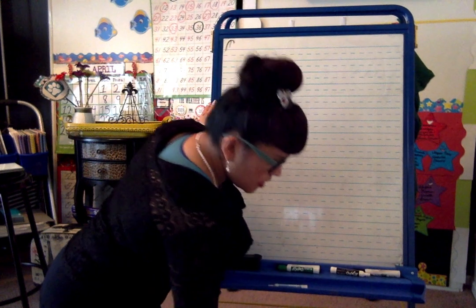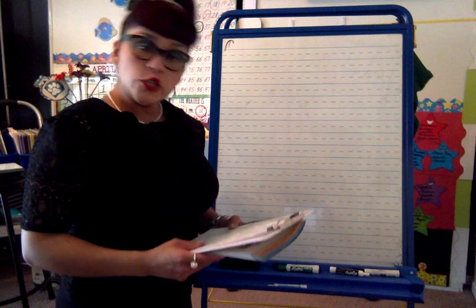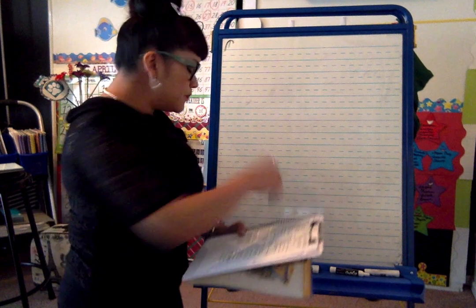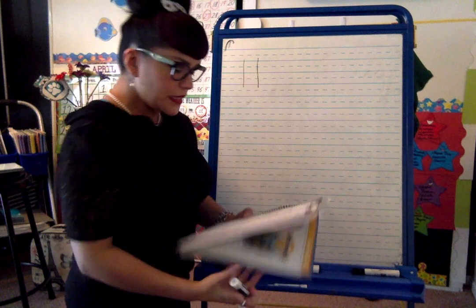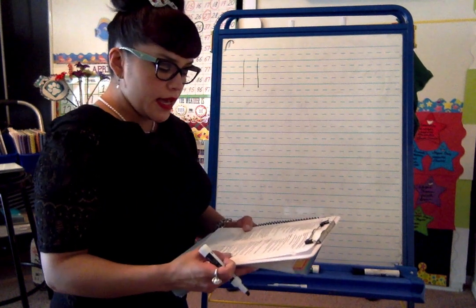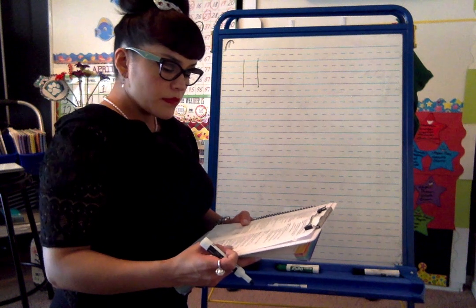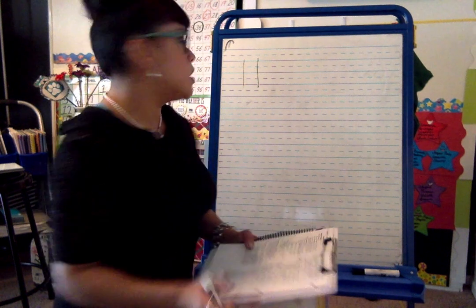Okay, so let me read the problem again. All right, Alex took 11 cards to Jeffrey's house. He only had 8 baseball cards when he came home.